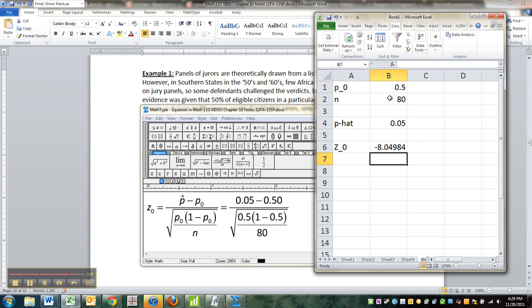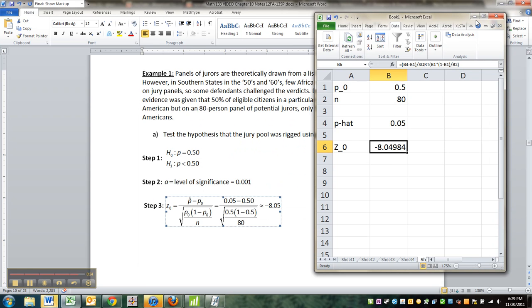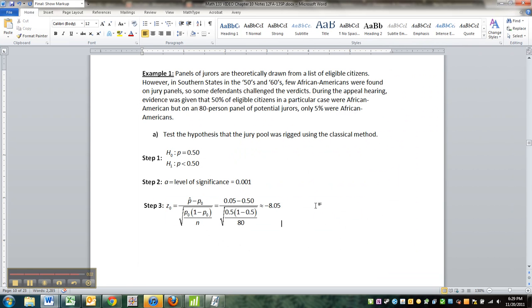And there you go, negative 8.05, which is really low. I mean, just think about that. That means this data was 8.05 standard deviations below the mean. Really far away from normality.